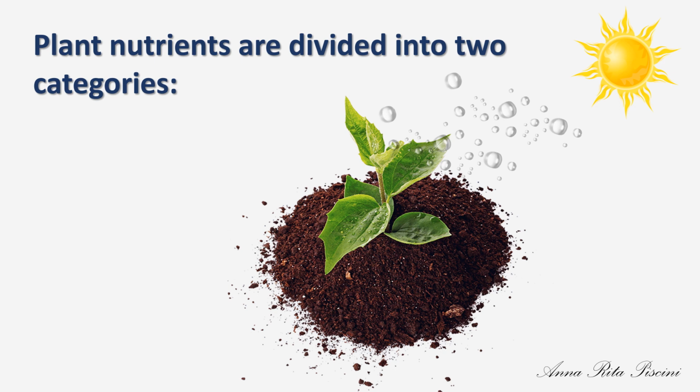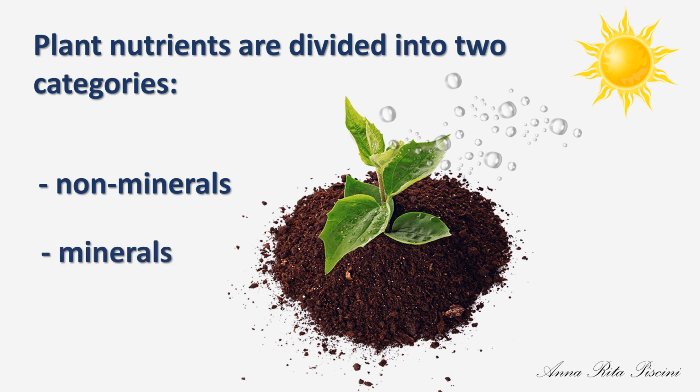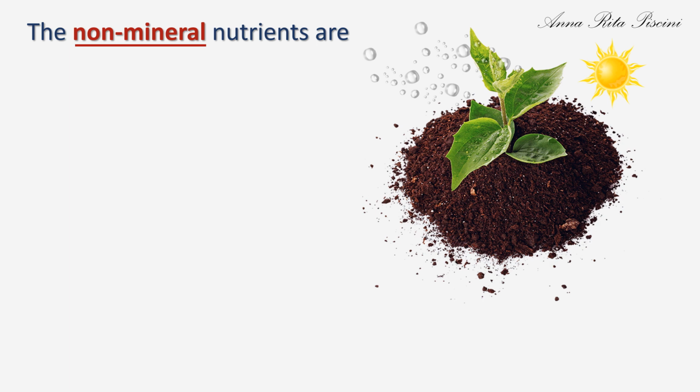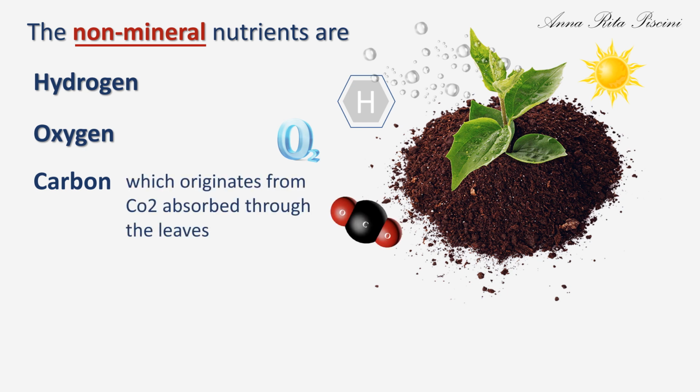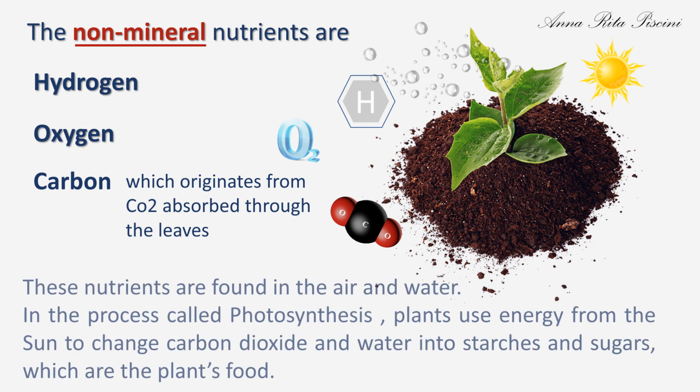Plant nutrients are divided into two categories: non-minerals and minerals. The non-mineral nutrients are hydrogen, oxygen, and carbon, which originates from CO2 absorbed through the leaves.